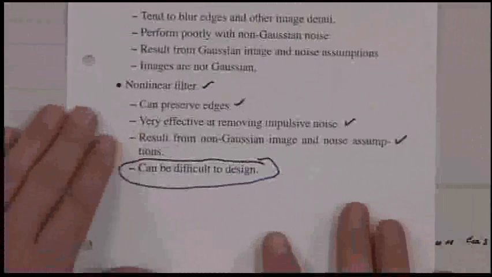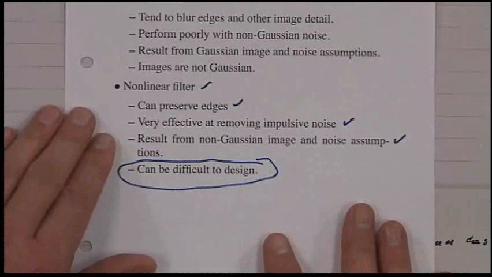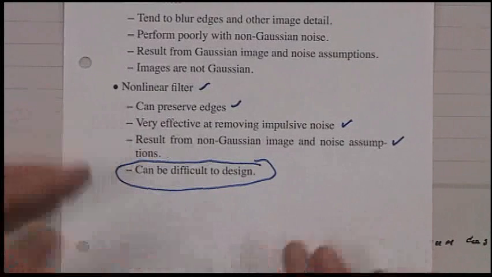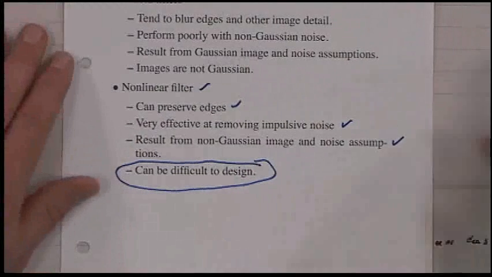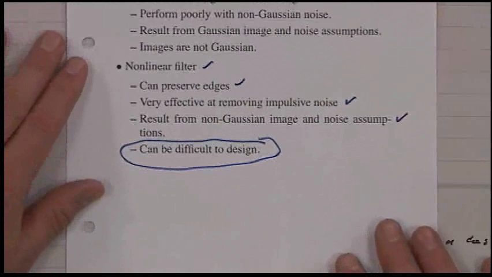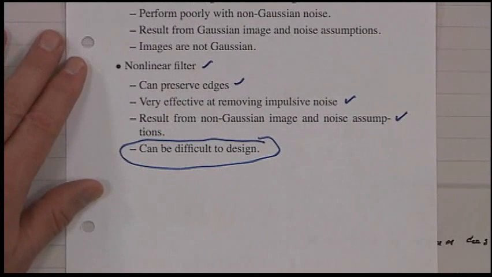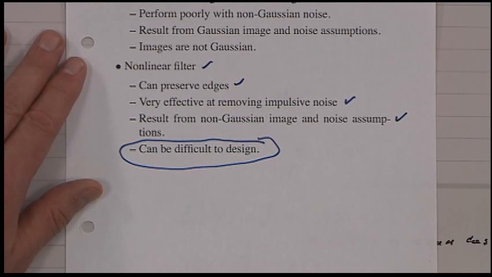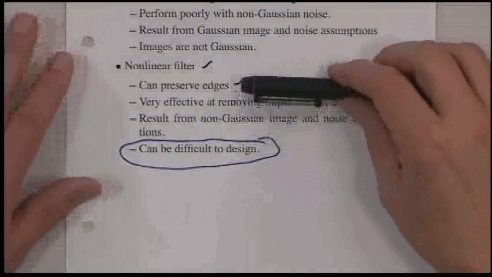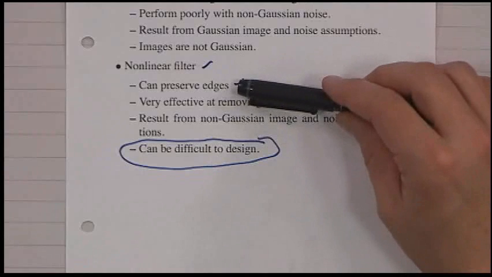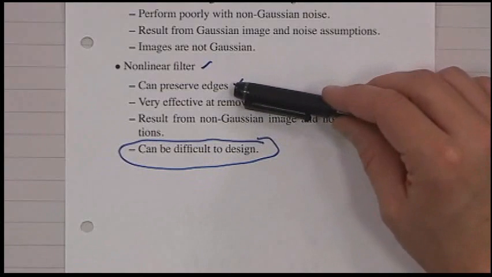So basically, most cases in which nonlinear filters can be superior involve some underlying phenomenon which is not Gaussian. In images, that may mean edges, because edges are fundamentally not Gaussian.